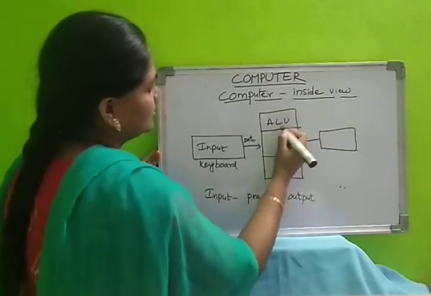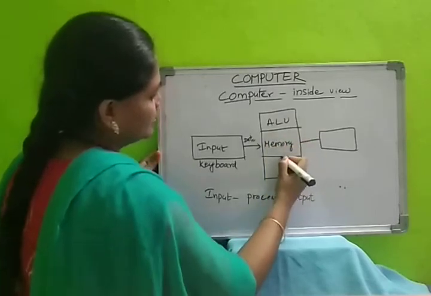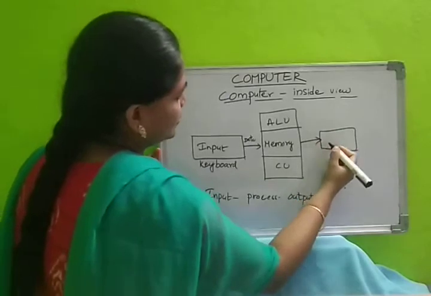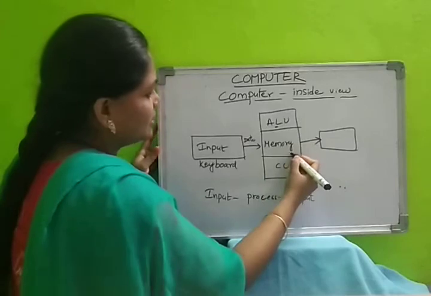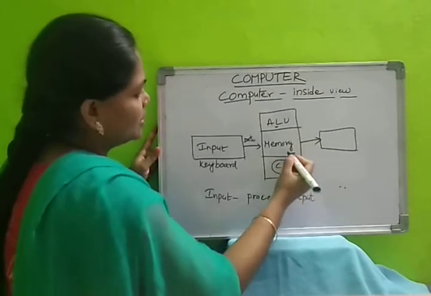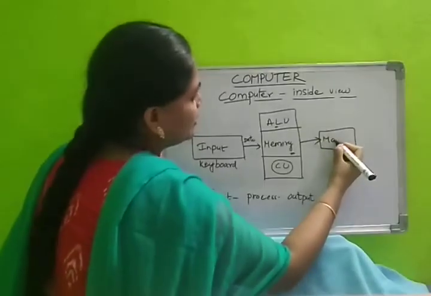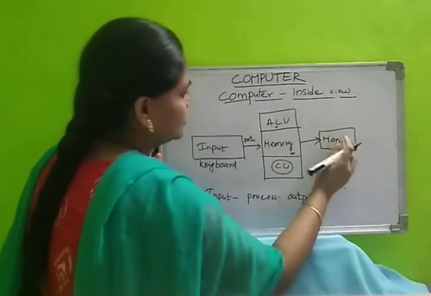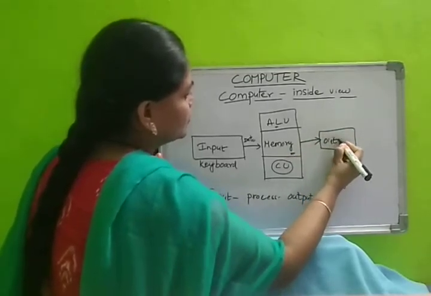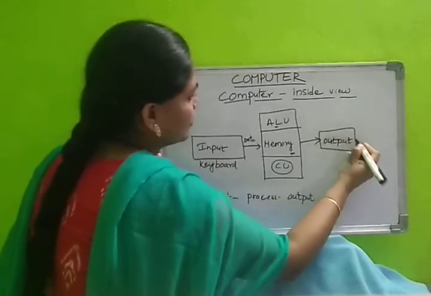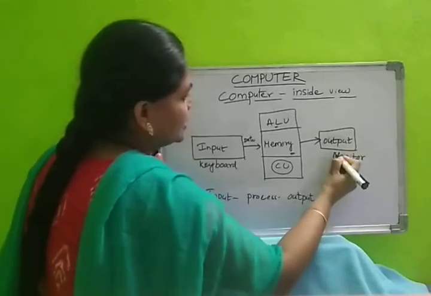In this CPU it has ALU, memory and control unit. If any calculations are there, those will be done in ALU and the result is stored in memory. This total operation is controlled by the control unit and the output is displayed on the monitor. So here the output is displayed on the monitor. This we have learned in last class.